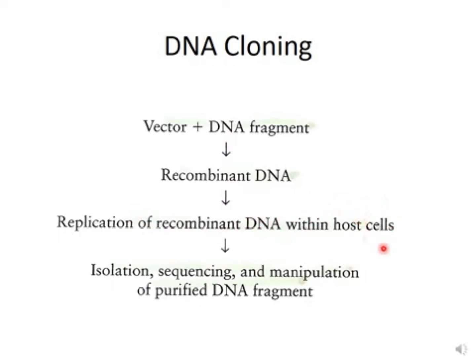Also, the cell itself is going to make multiple copies of itself by dividing through mitosis. After multiple cells are present with multiple copies of the recombinant DNA, the resulting target vector DNA is going to be isolated, sequenced, and manipulated to whatever target we want to use it for.